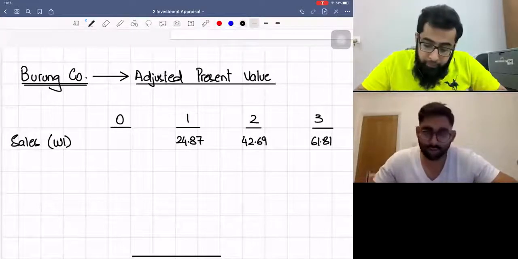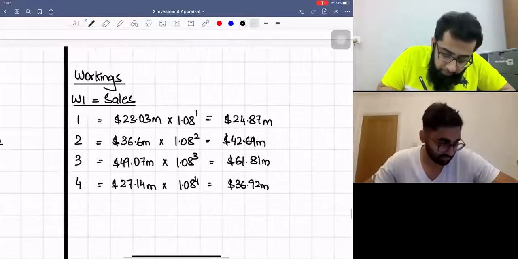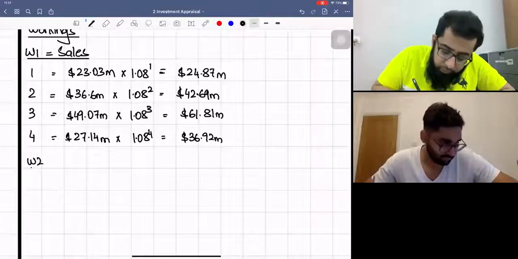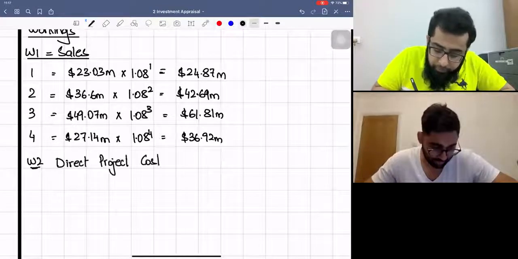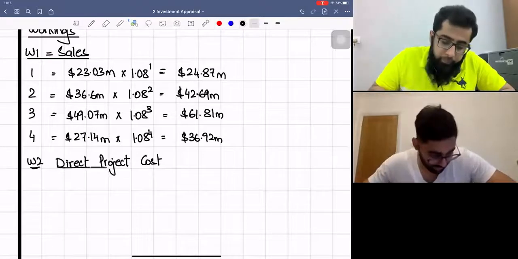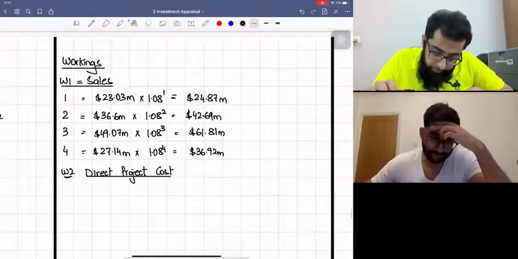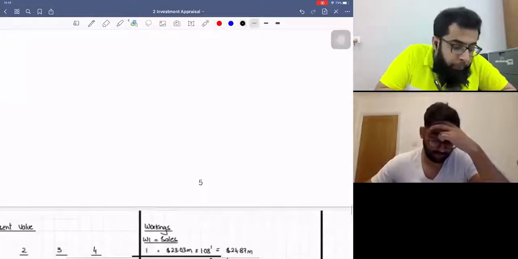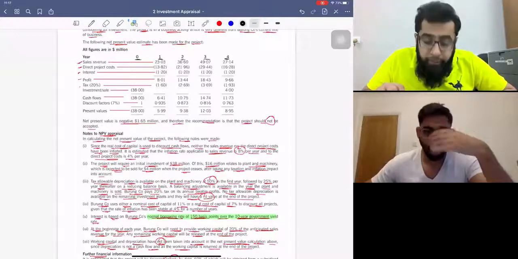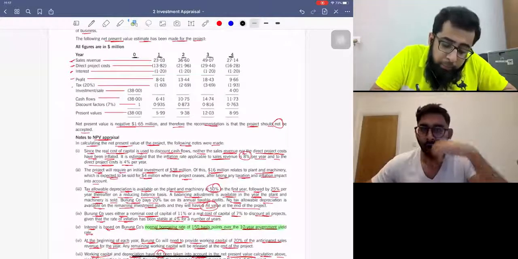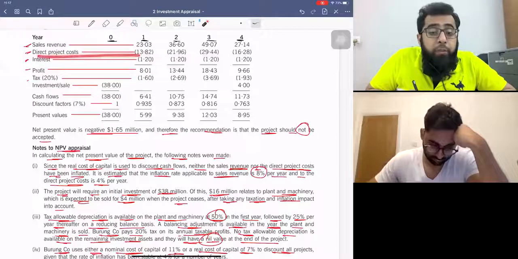Now direct project cost. Let's move to working 2. That is for direct project cost, because that is included in the schedule. It increases by 4%. Direct project cost is 13.8, 21.96, 29.44, and 16.88. And the growth rate in direct project cost is 4% per year.